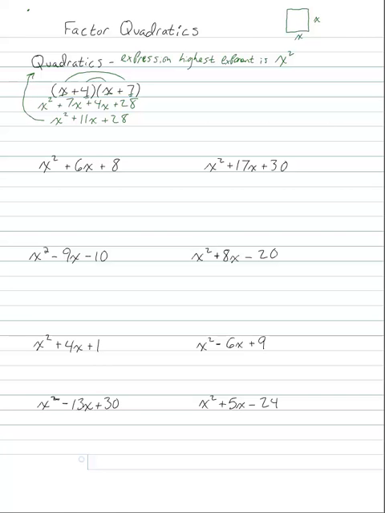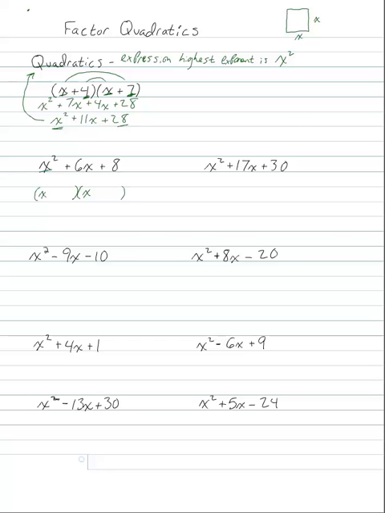So we need to see if we notice any patterns. Well, we know we got this x squared here from my first two terms, my x and my x being multiplied together. We got that last term, the constant, from multiplying together the 4 and the 7.